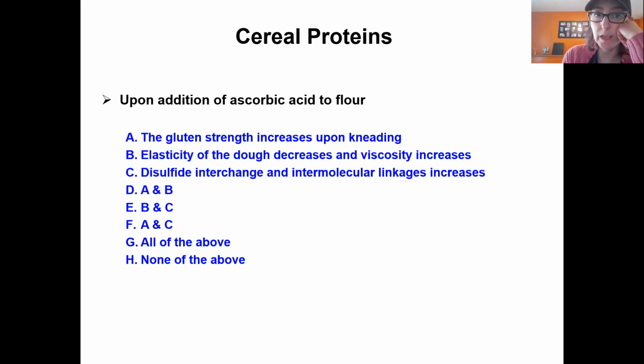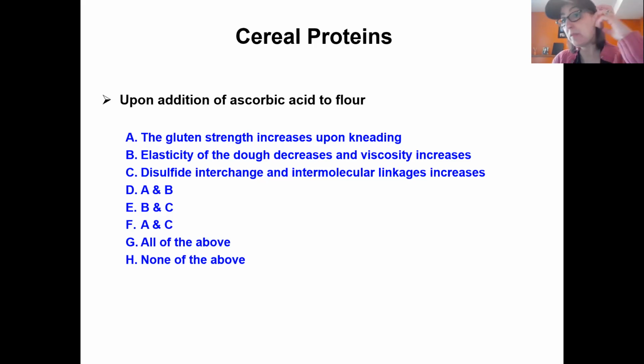So if you want to think about the ascorbic acid, ascorbic acid mixed with water becomes kind of an oxidizing agent. So in the presence of oxygen, the ascorbic acid oxidizes and induces disulfide linkages.